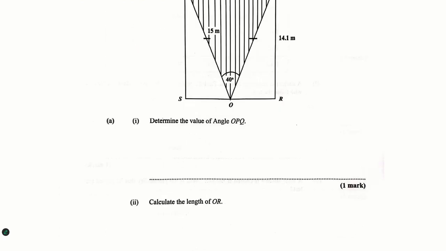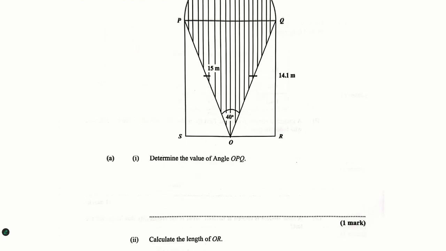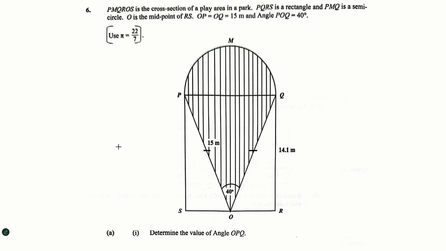So first off, determine the value of angle OPQ. So let's look at O, P, and Q. First things first, they told you that OP and OQ are equal. So immediately your headspace has to go into this is an isosceles triangle. An isosceles triangle is a triangle whose two sides are equal and their two base angles, this angle here and this angle here, would both be equal.